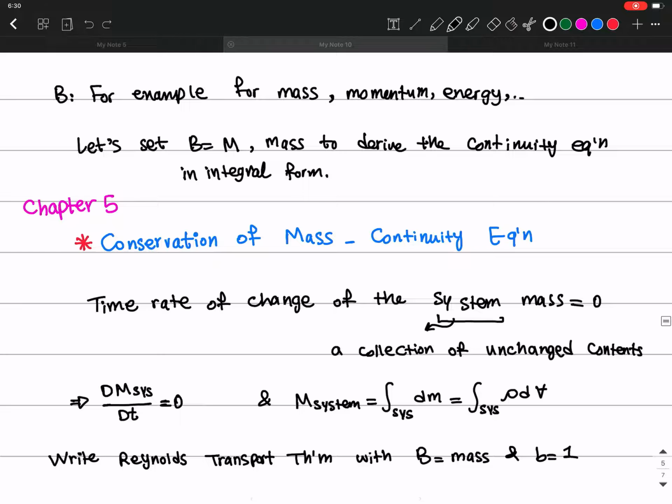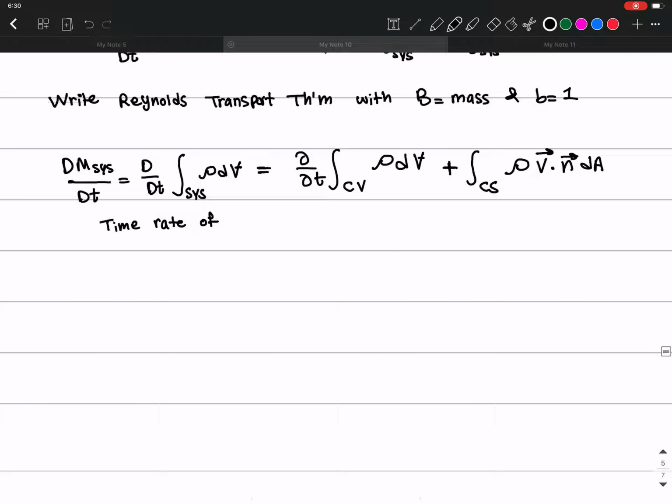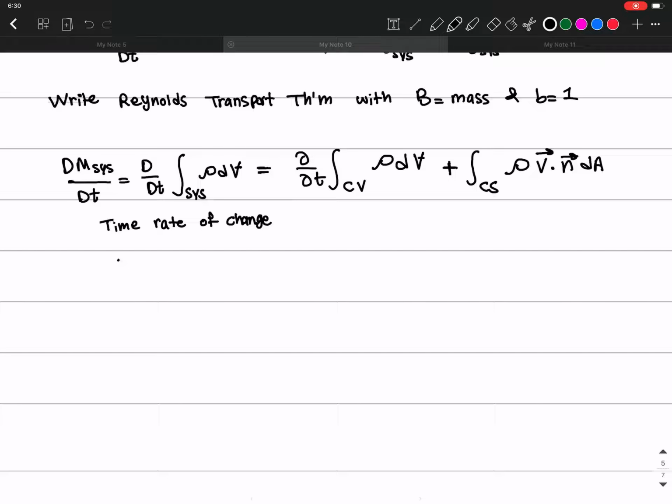Okay, so what do these mean? The first term on the left hand side is the time rate of change of the mass of the system. This equals what?